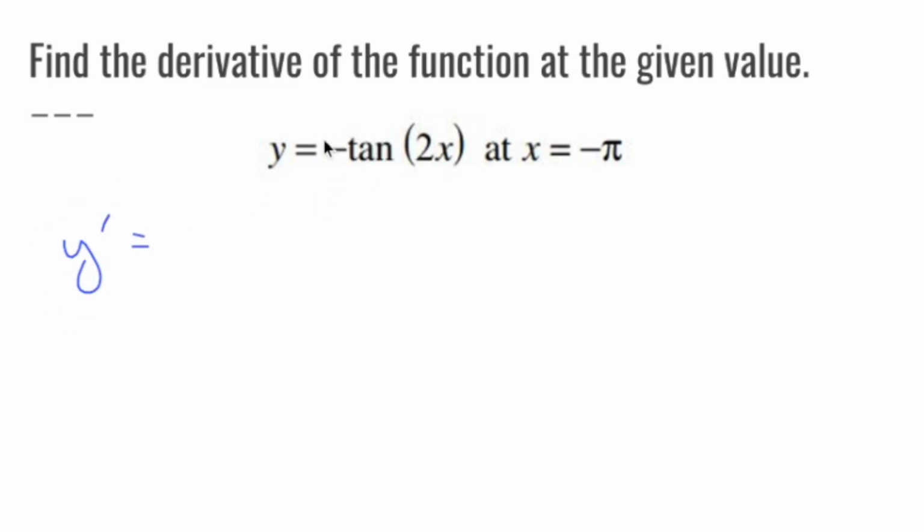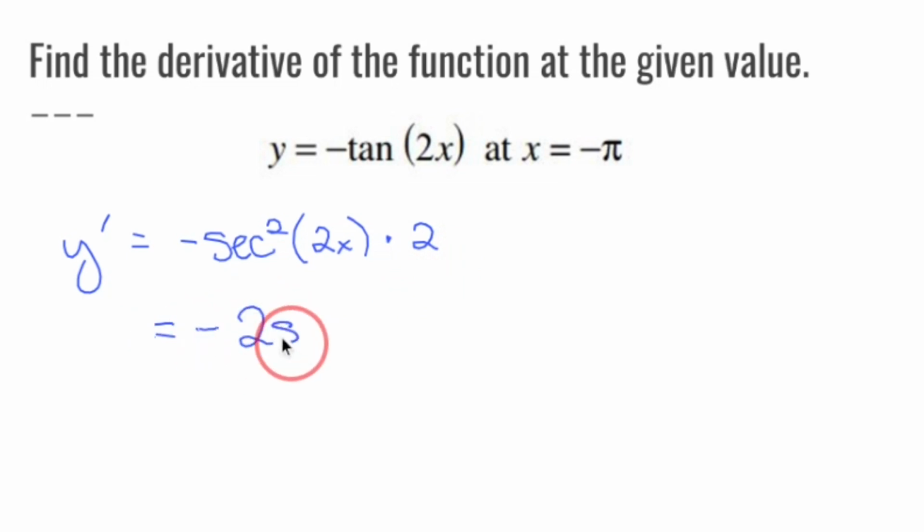So the chain rule is you take the derivative of the outside stuff. So the derivative of negative tan of stuff is negative secant squared of stuff. Keep that stuff, but then multiply everything by the derivative of the inside stuff. So this ends up being negative 2 secant squared 2x.